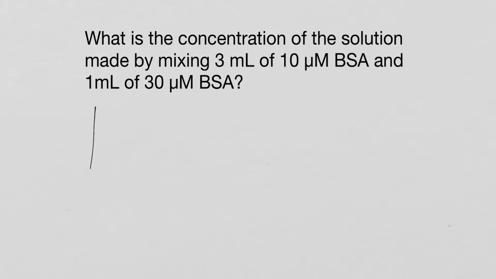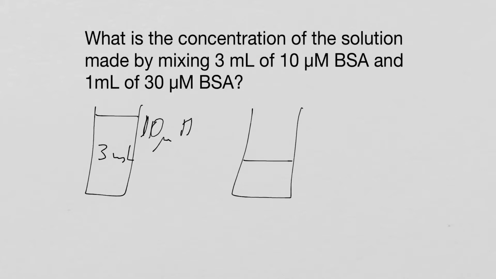So what we have is basically 3 milliliter of a 10 micromolar solution and 1 milliliter of a 30 micromolar solution. So in the first place, we can ask how many moles do we have here and how many moles do we have here, right?